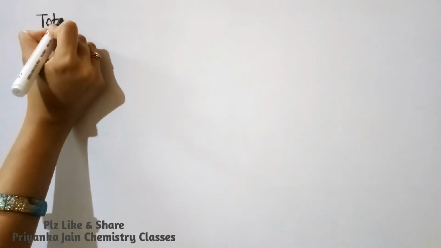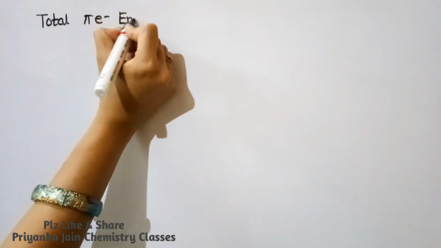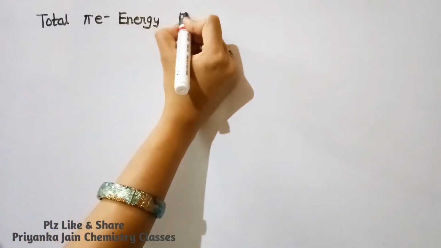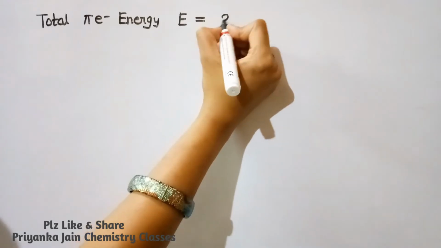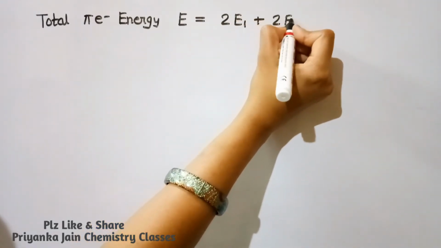Now see the next thing, that is the total pi electron energy. And how to find it? I have already told you the energy for the total number of pi electrons, and we know that 2 electrons are present in the E1 level and 2 electrons are present in the E2 level.